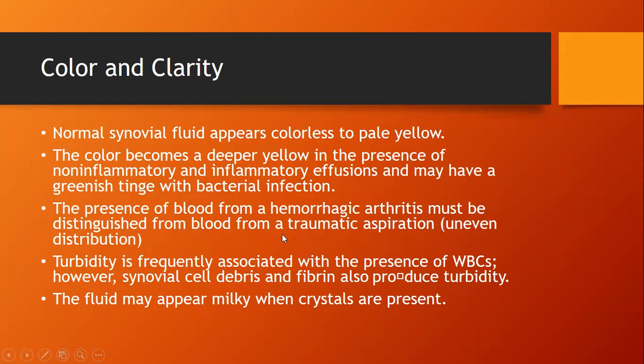Usually, turbidity is associated with increased cellular elements, as I mentioned, particularly your WBCs. The fluid also may appear turbid or milky in the presence of crystals. The most common crystals are monosodium urate crystals in gout, or CPPD crystals in pseudo-gout.